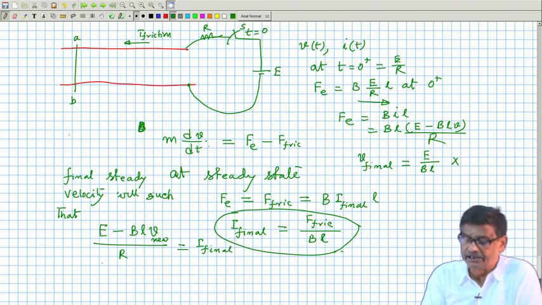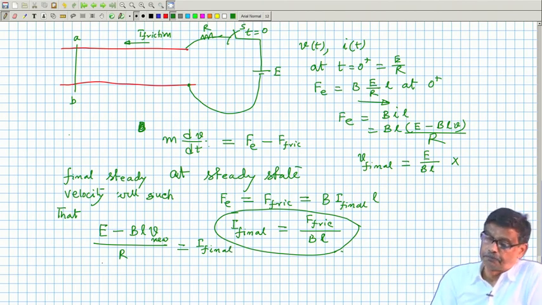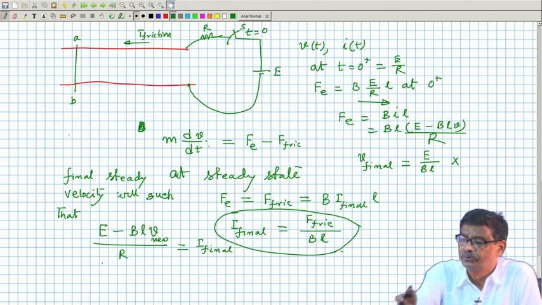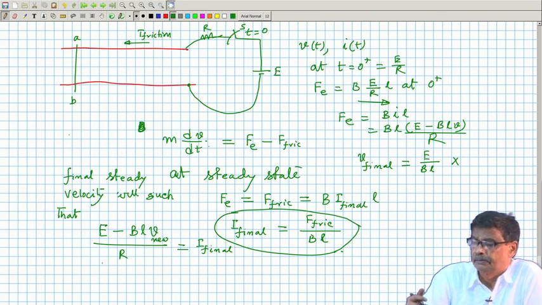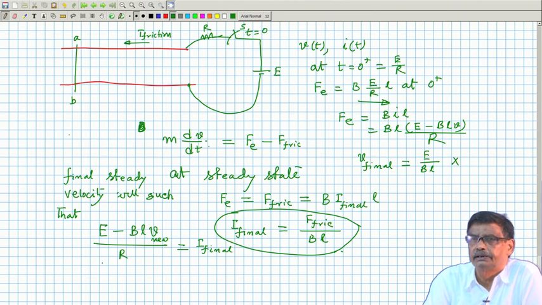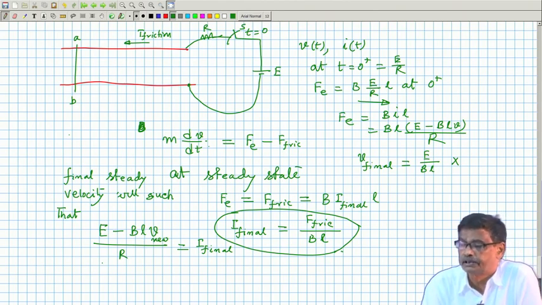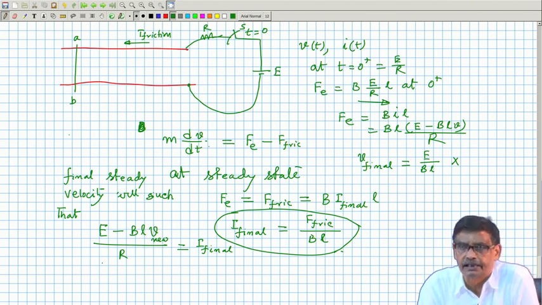See, to find out the steady state current and speed, one need not go through all these dynamic equations. Of course, it is a suggested method of studying, at least once, so that you know there are situations when the motor or generator will run in steady state. We will be mostly interested in that.